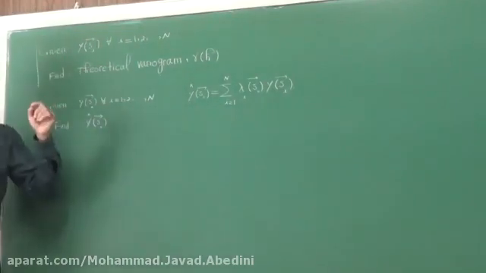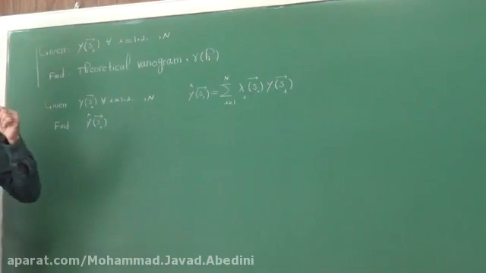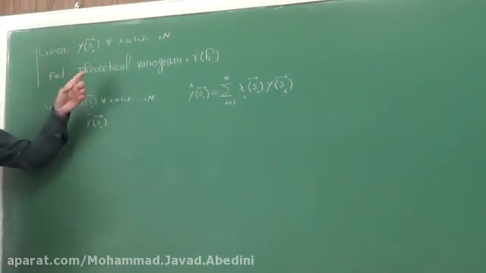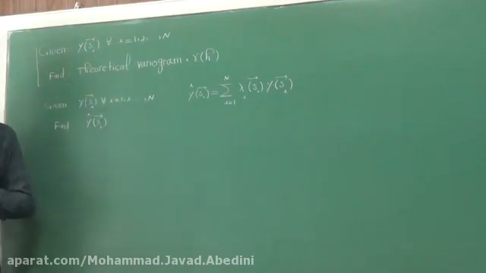The second question that I would like to raise and answer from the very beginning of this session: why am I interested in the theoretical variogram and not the theoretical covariance function?